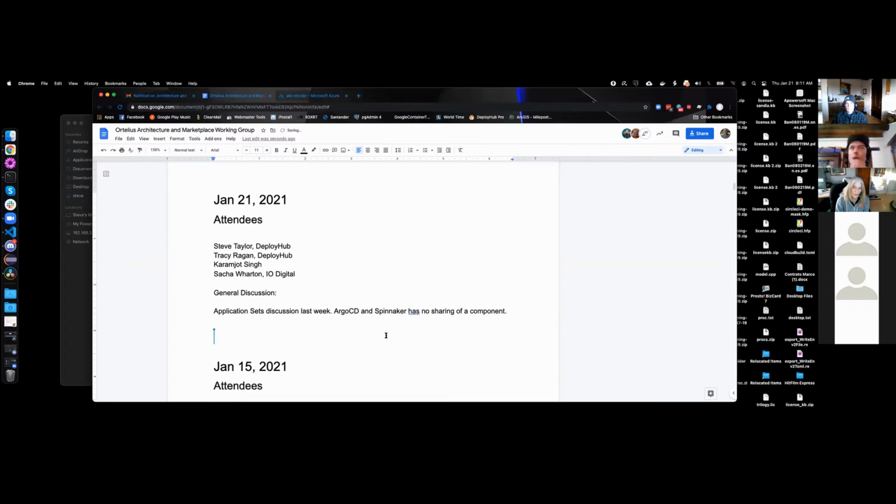Does it track who's sharing it though? They mentioned that one component can belong to multiple application sets. Based on that, we can get to know which component is part of which application set.